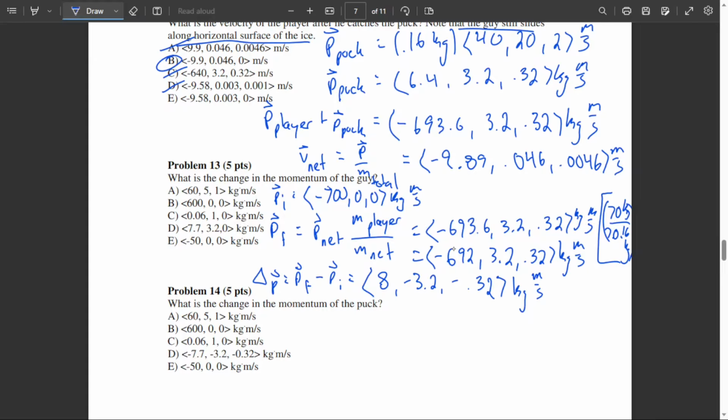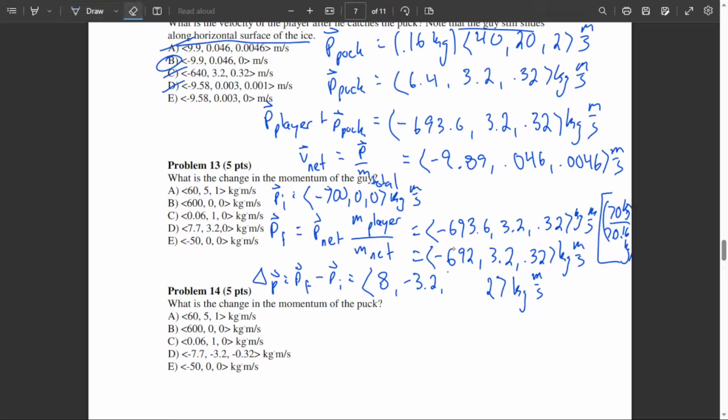And then a couple of notes. First of all, the player starts on the ground and he ends on the ground. This entire 0.32 right here in the z direction, that's all momentum from the puck that is now gone. I guess when I copy that value over here, I should have made it 0 because the player stays on the ground, so there is no z component of momentum.